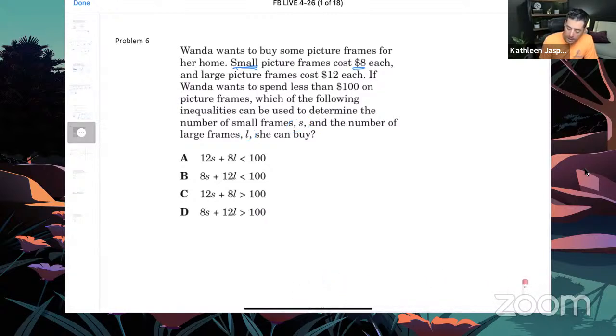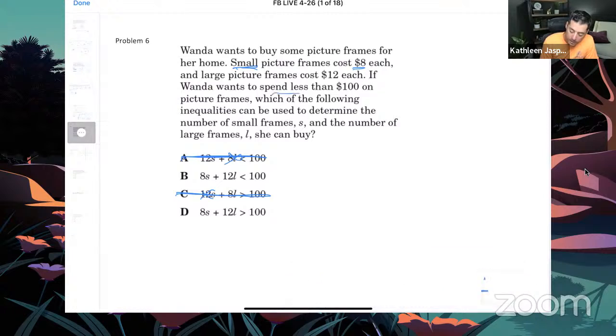So which ones say 8S? And I've got 8L here. That doesn't work. I got 8S here. I got 12S here. That doesn't work. And I got another 8S here. So I know that I'm eliminating these two answer choices immediately. Now, just figure out which one is the right one, because they've got 12 large, that's good, and then 100.